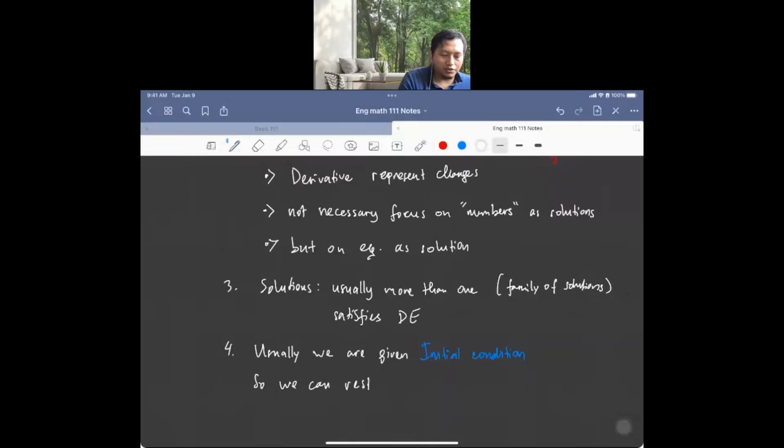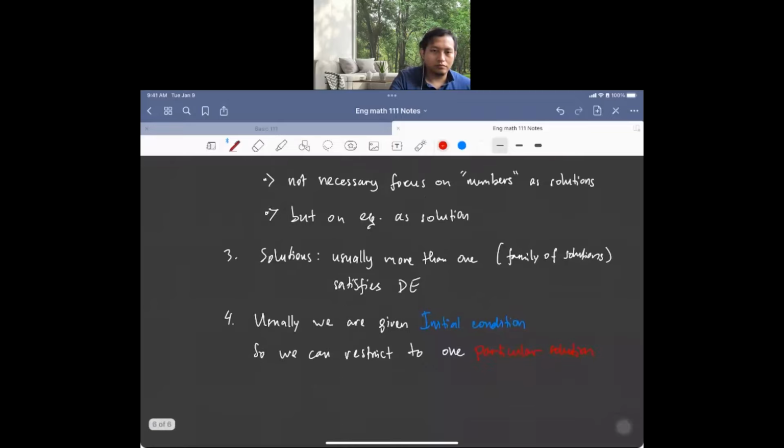So we can restrict to one particular solution. Later we call this initial condition or initial value conditions, or IVP. This is the IVP problem.